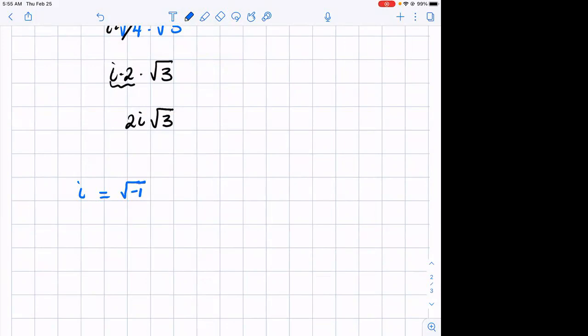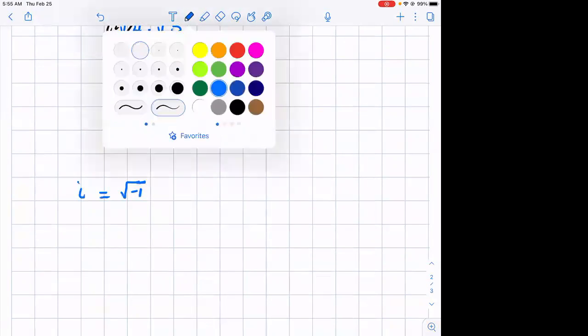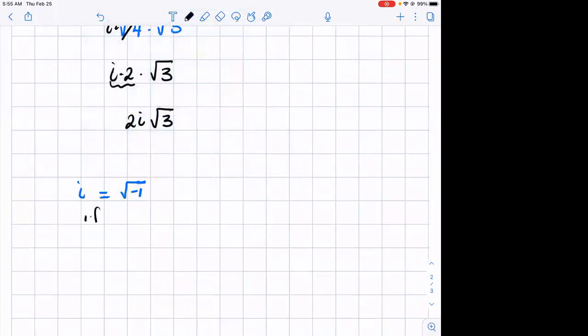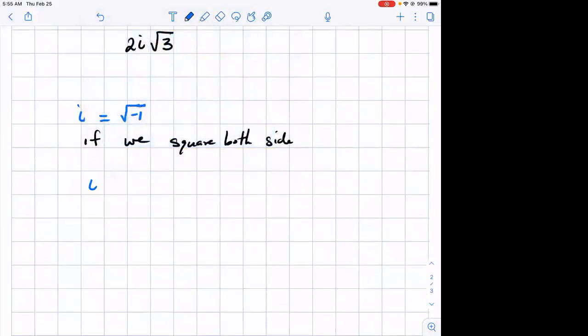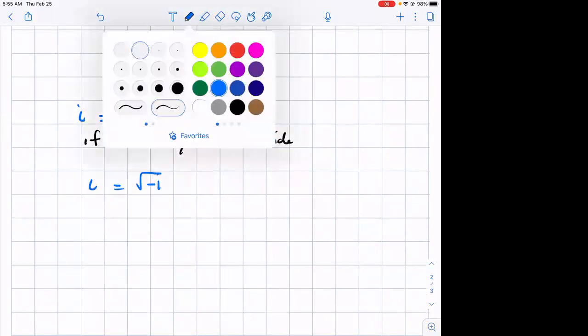We can square both sides. So if we square both sides, we end up with i, but let's square both sides now.